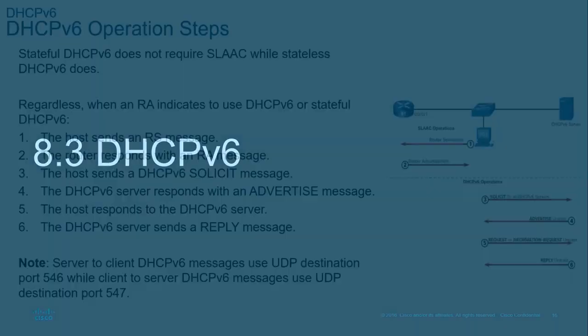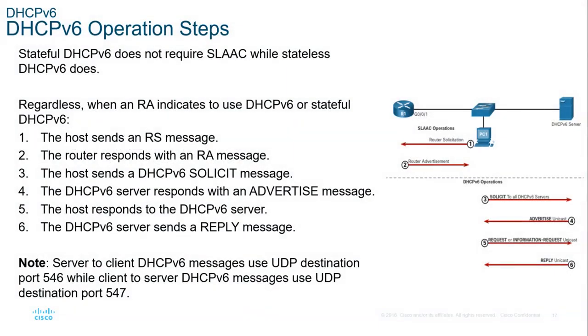So we have the IPv6 operation steps. Regardless of when the router advertisement indicates to use DHCP or stateful DHCP, there are these 6 steps. Step number 1, a host sends a router solicitation message, then the router responds with a router advertisement.